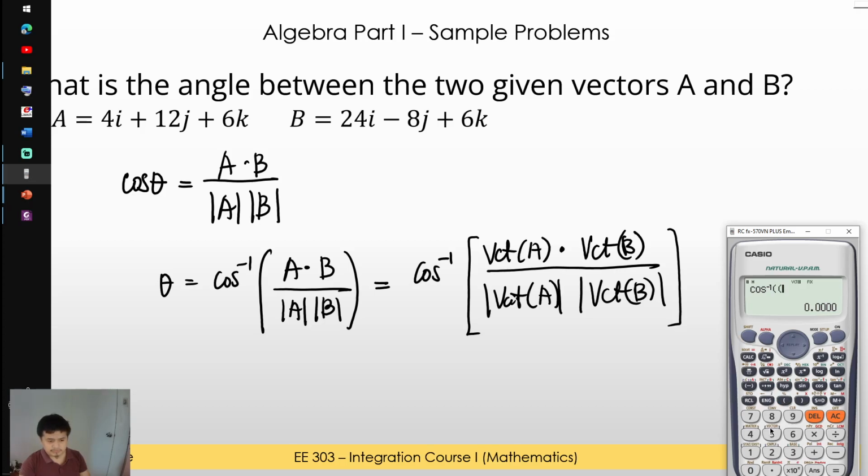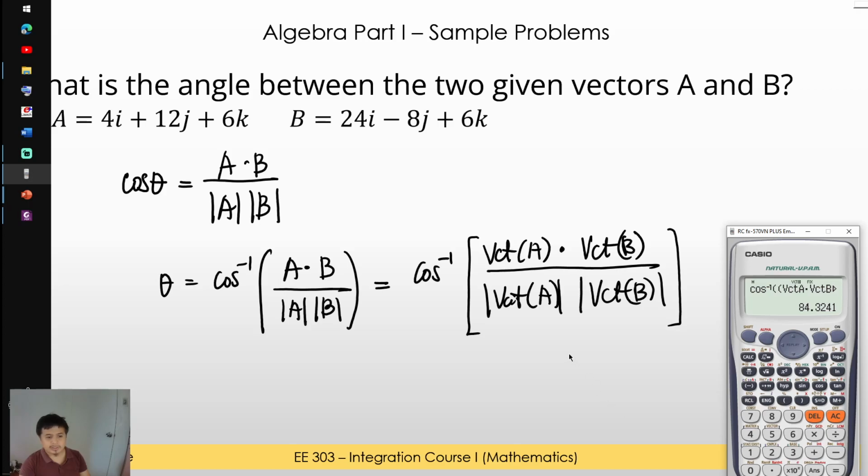So vector A, shift vector 3, and then dot vector B, and then divide this by the absolute value of vector A times the absolute value of vector B. So that will be your answer.